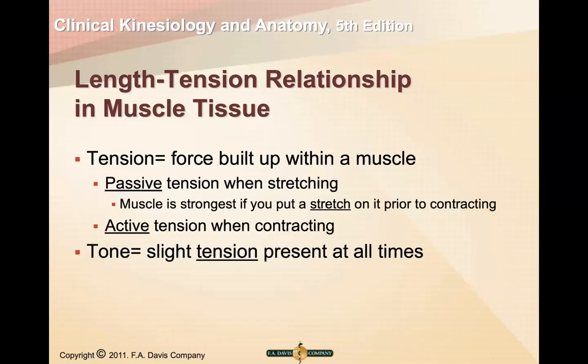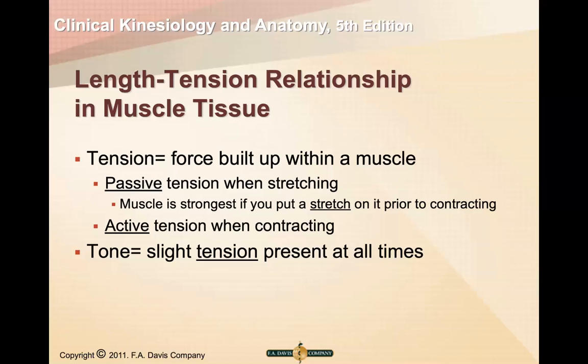Even if you're just performing glute sets and quad sets, tightening your muscles and then relaxing them isometrically, that's still active tension too, because even though the muscle is contracting and there's no joint movement, there's still actin and myosin filaments coming together.